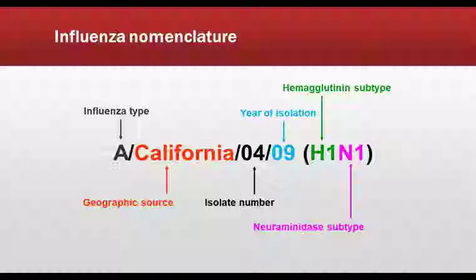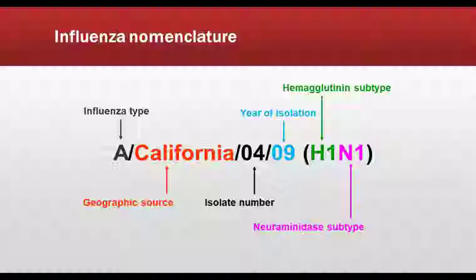Some influenza nomenclature: viruses get named. They get named as to their type, A, B, or C; the geographic source where the specific virus was first isolated, in this case California; an isolate number, this was the fourth such virus that was identified; the year of isolation, in this case 2009.